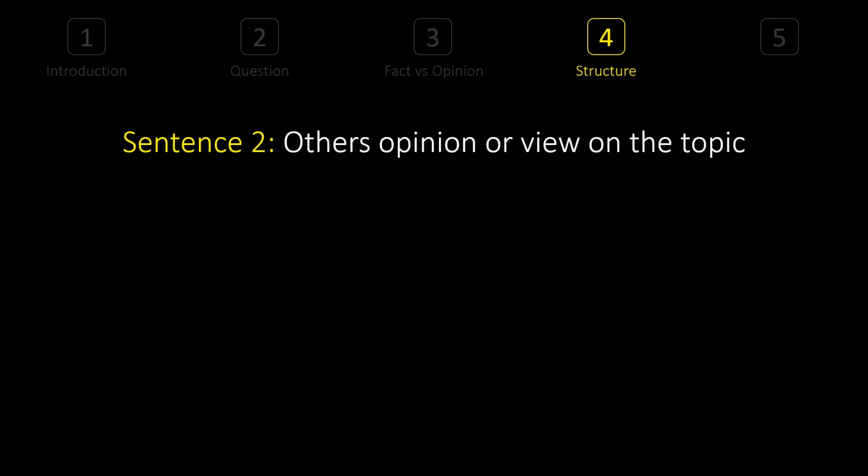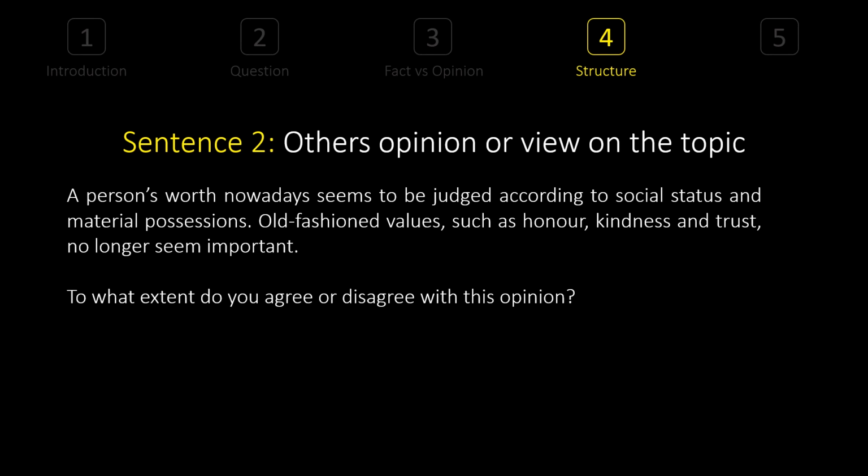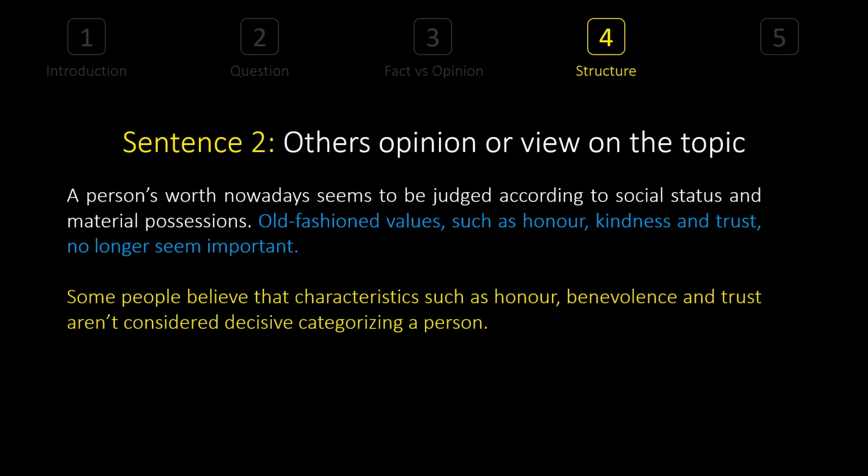Next, sentence 2. Remember, there are 4 sentences. Sentence 2 is others' opinion or view on the statement. In our question, this was an opinion, so we're going to talk only about this. Some people believe that characteristics such as honor, benevolence, and trust aren't considered decisive in categorizing a person.